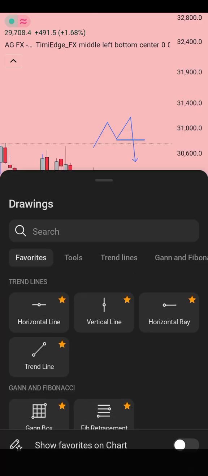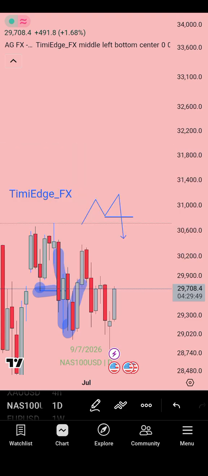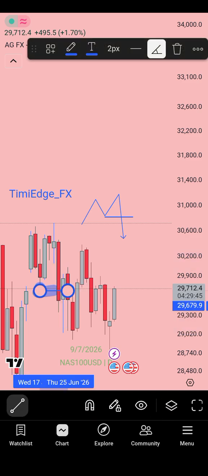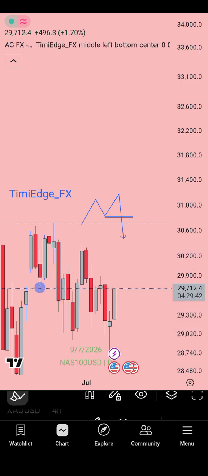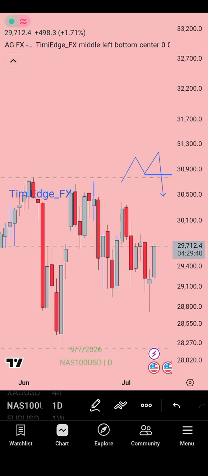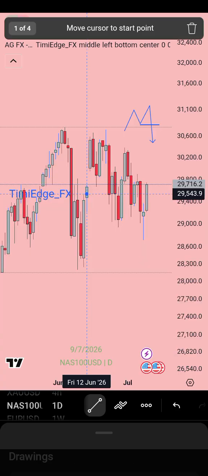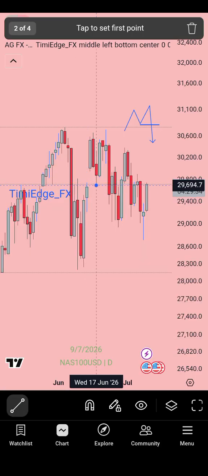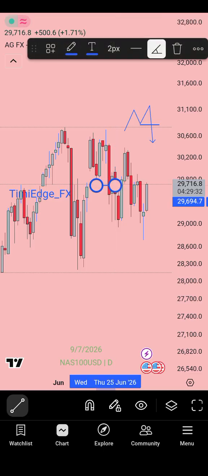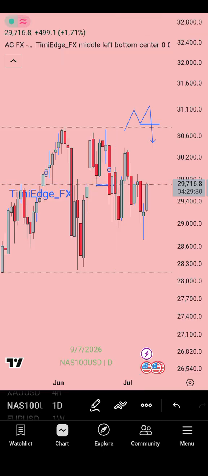Can you see how we are breaking down the market structure? I hope you're understanding what I'm saying. After this neckline got broken or taken out, it caused a microstructure shift on the daily time frame, and we're expecting price to come back to the neckline most likely.